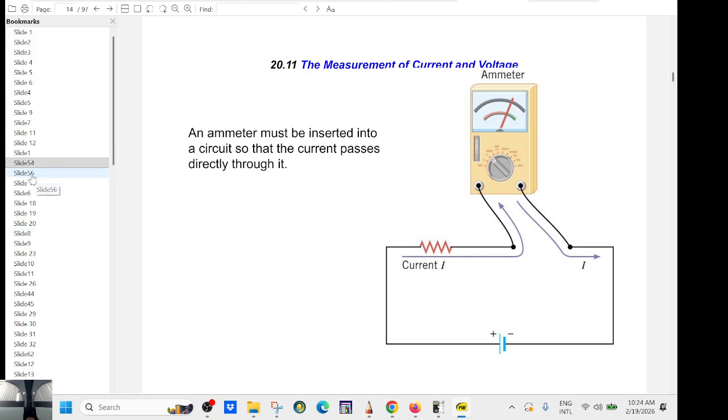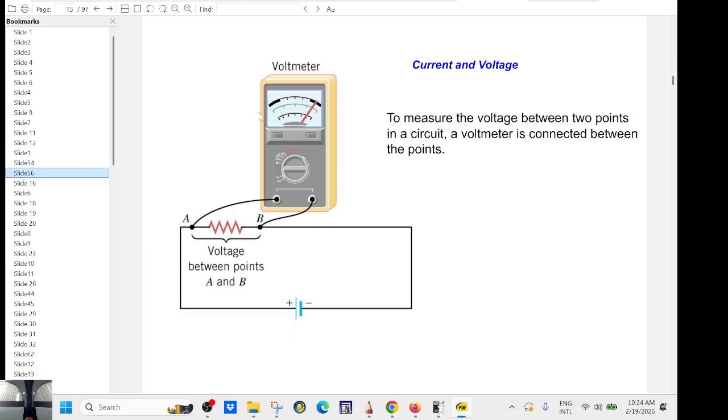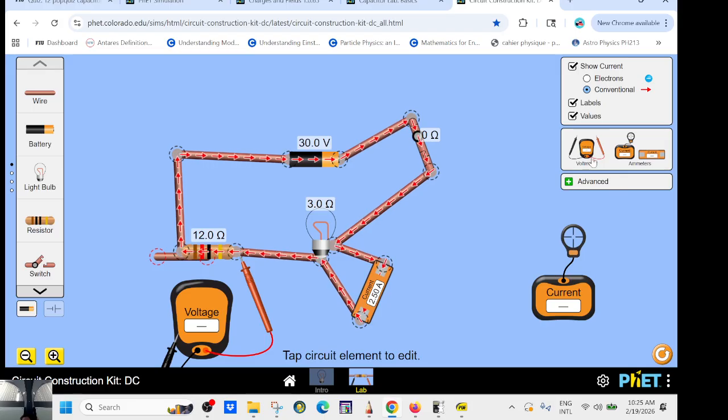Okay, so that will be for an ammeter. Now a voltage is measured by a voltmeter. In that case, you are measuring the drop. It's like a measuring tape. So when you are measuring voltage, you take your voltmeter and you go across.